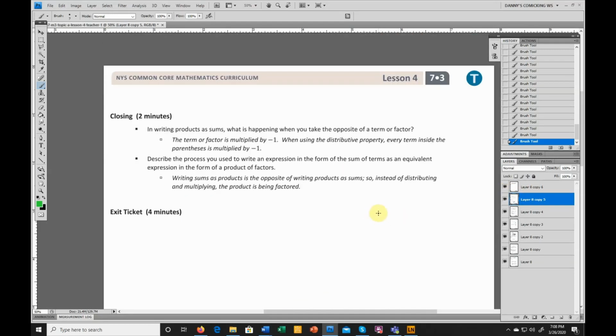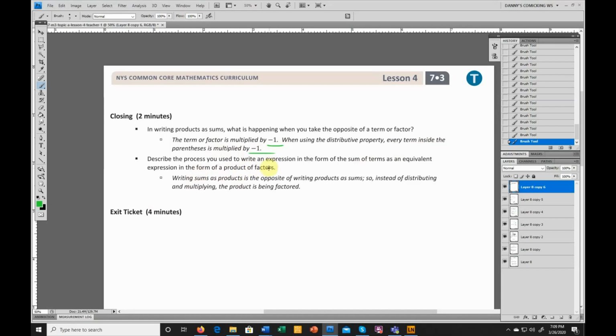In writing products as sums, what is happening when you take the opposite of a term or factor? The term or factor is multiplied by minus 1, which is what we just showed you. When using distributive property, every term inside the parentheses is multiplied by minus 1. So that's already assumed.